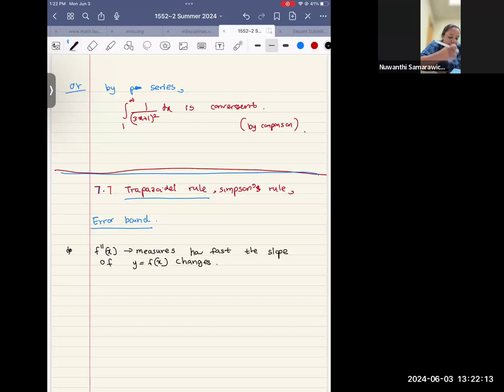So this is the idea of the second derivative of a function. The second derivative means we can measure how fast the slope of the curve changes.